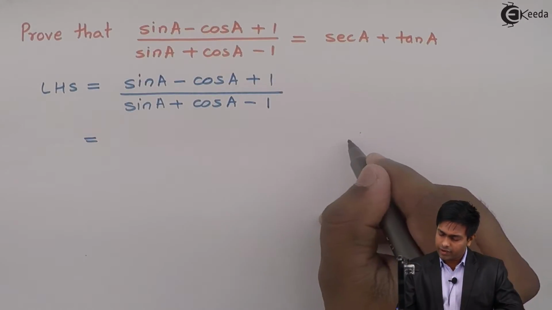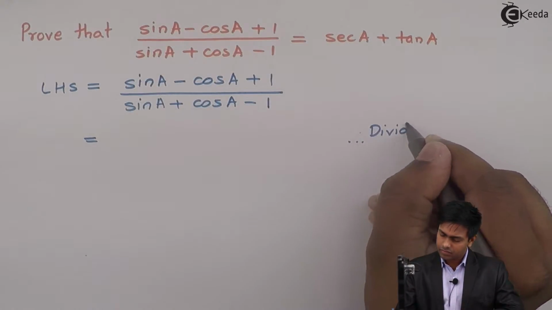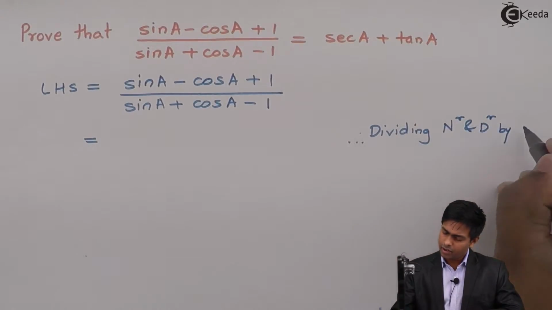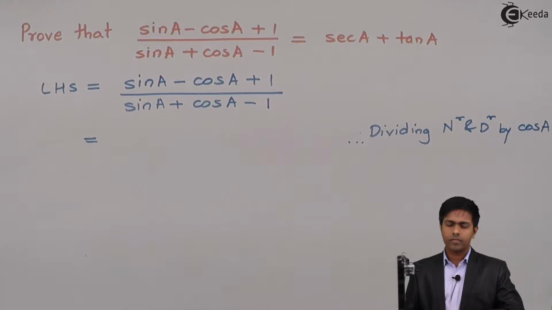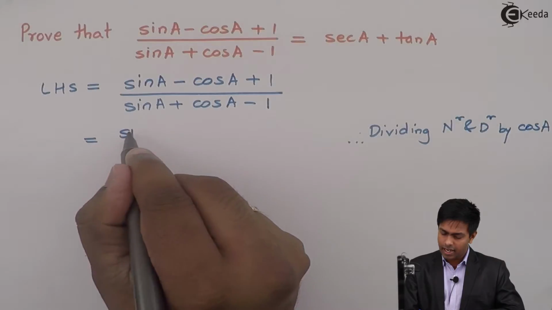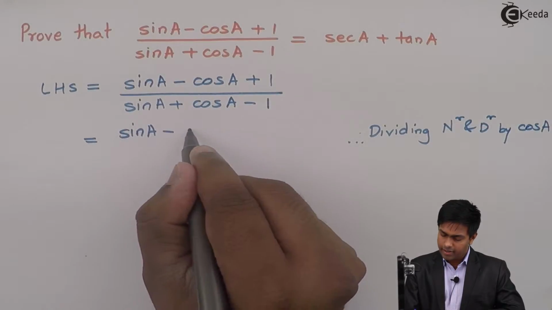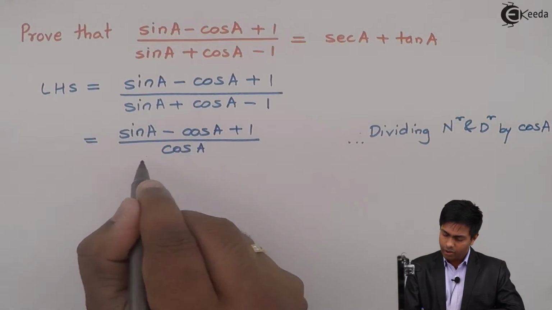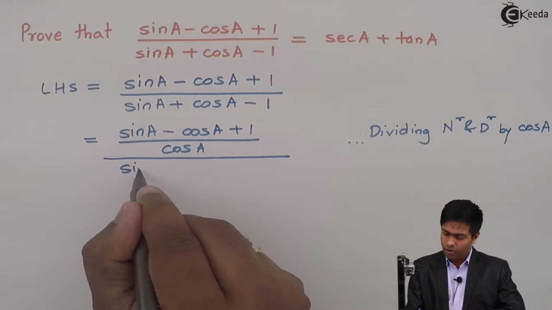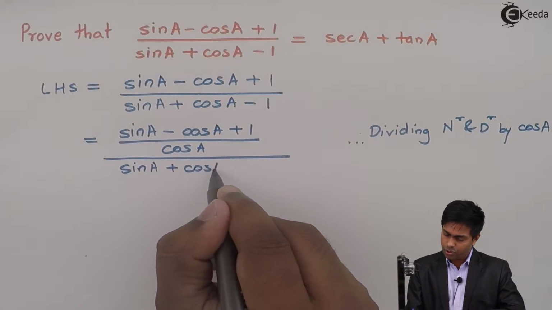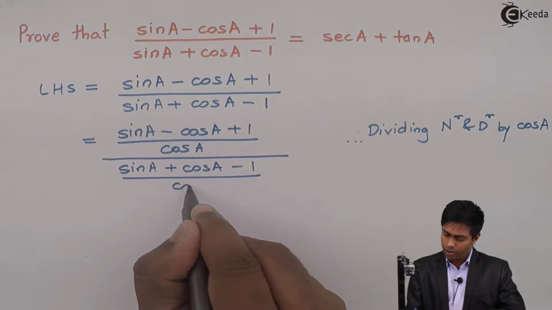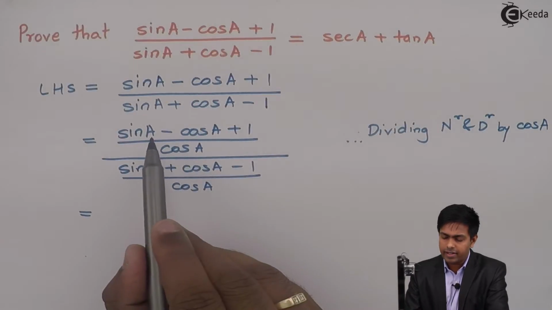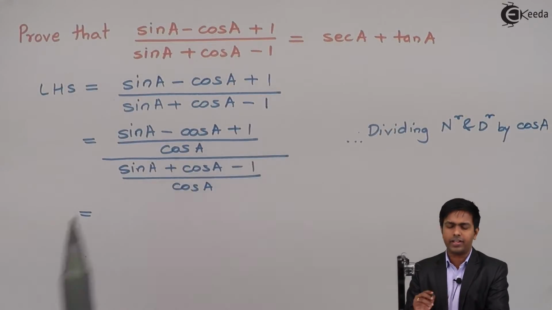And now here we will say, dividing numerator and denominator by cos of a, we will get sin of a minus cos of a plus 1 upon cos of a, whole upon sin of a plus cos of a minus 1 upon cos of a. Now let's divide these terms of the numerator separately by cos of a.